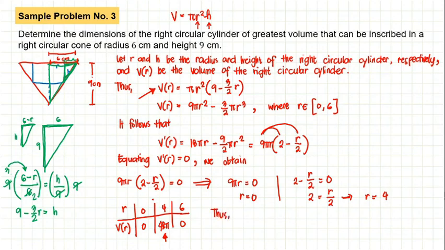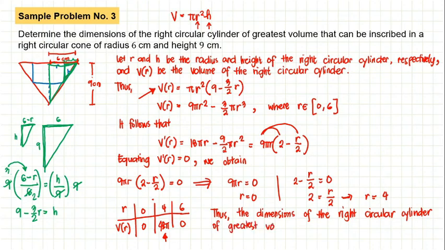Thus, we say the dimensions of the right circular cylinder of greatest volume are r equal to 4, the unit of measurement is centimeters, so 4 centimeters, and h equal to, use the formula here.